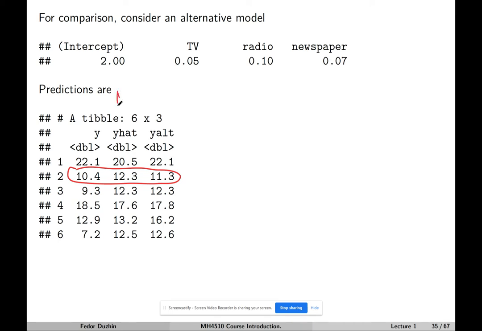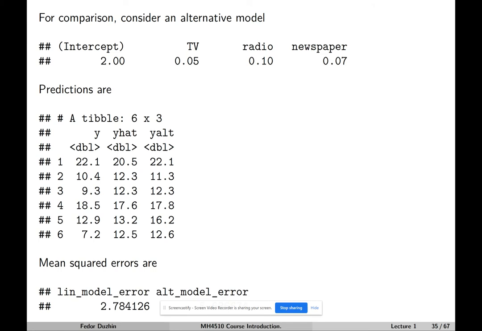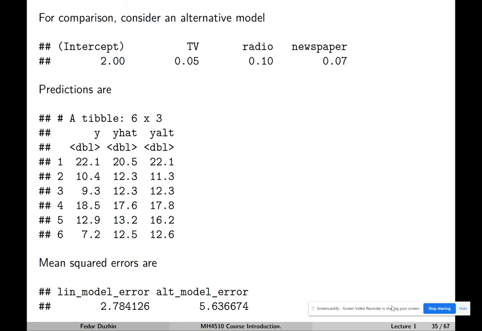Here y hat is the fitted linear model in R, and y alt is the alternative model that is just a bunch of random numbers. The mean squared errors here are these numbers, 2.78, and the main point is that the error of the linear model is always going to be smaller. This is how it is constructed, by definition of a linear regression.